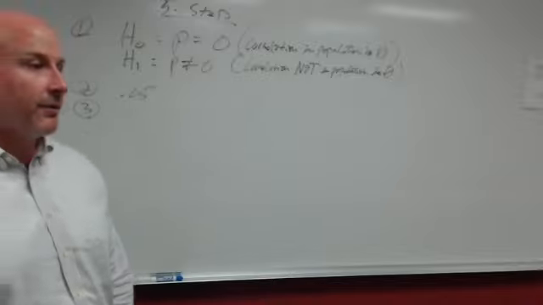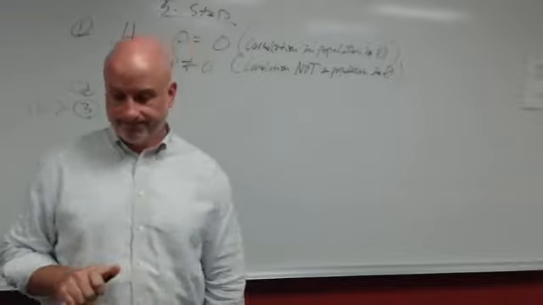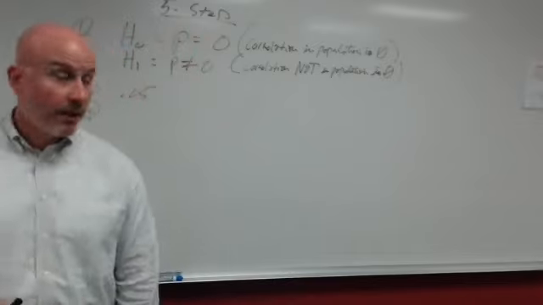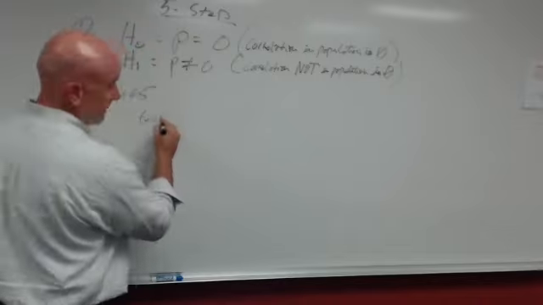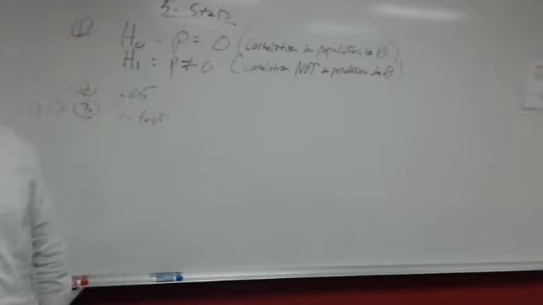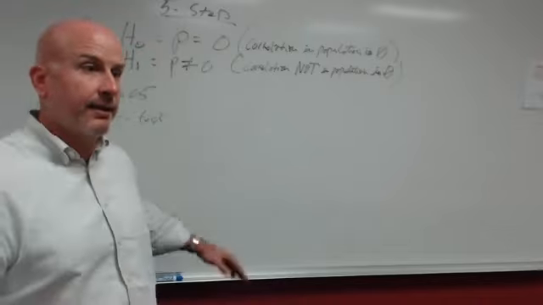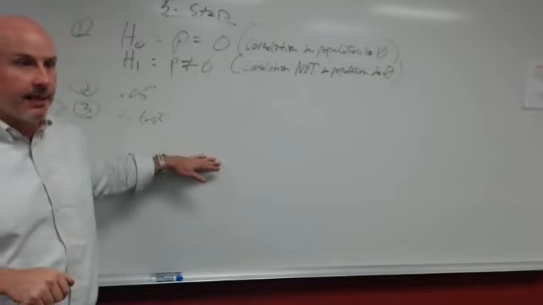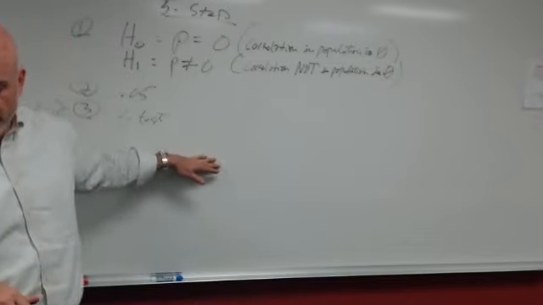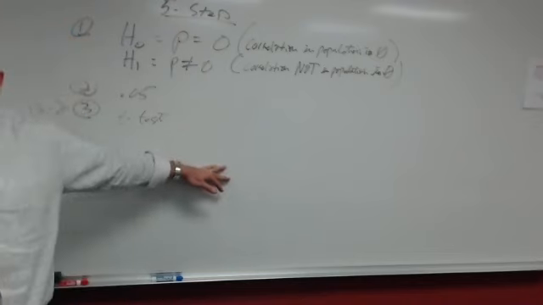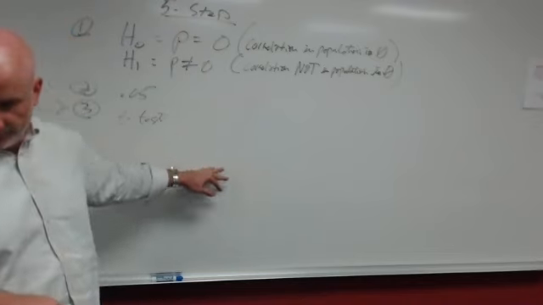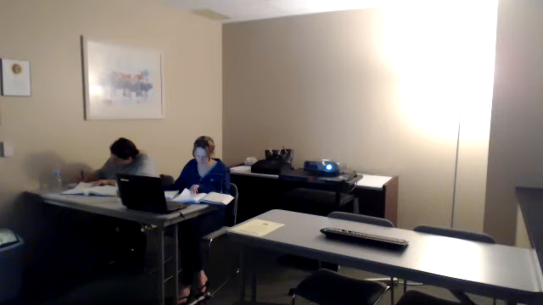What test are they going to run? A t-test. Now, I will tell you that when you are running correlation analysis in this example, you're going to use the t-test. And how many degrees of freedom does it tell you to use? N-2 degrees of freedom.